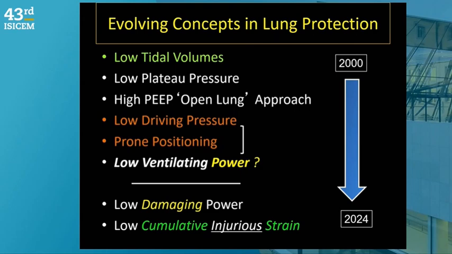Now we're concentrating on low ventilating power as a component. And we'd like to eventually get to the point where we can talk about reducing the damaging power and the cumulative injurious strain to the lung, which probably causes ventilator-induced lung injury. Okay, that's why I started.